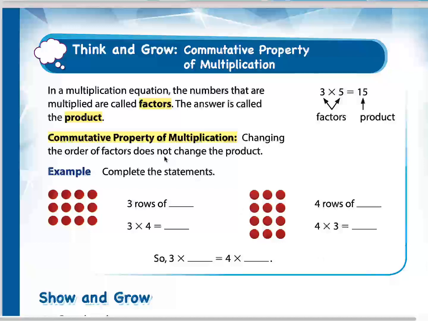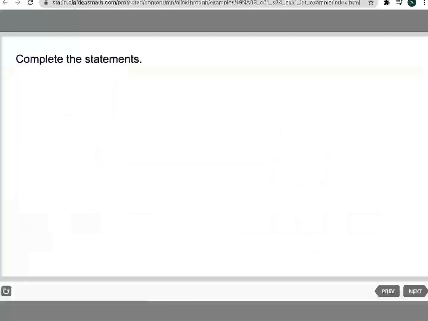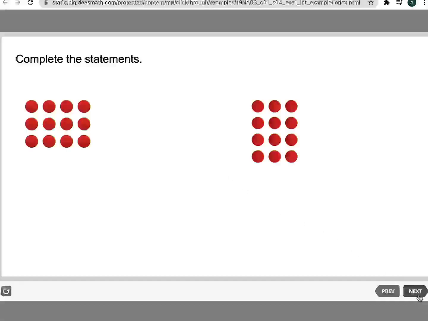Okay. So this is the next page, and let's see this example here. Complete the statements. We have two arrays. For the first one, we have 3 rows of 4. We can write this as a multiplication equation.